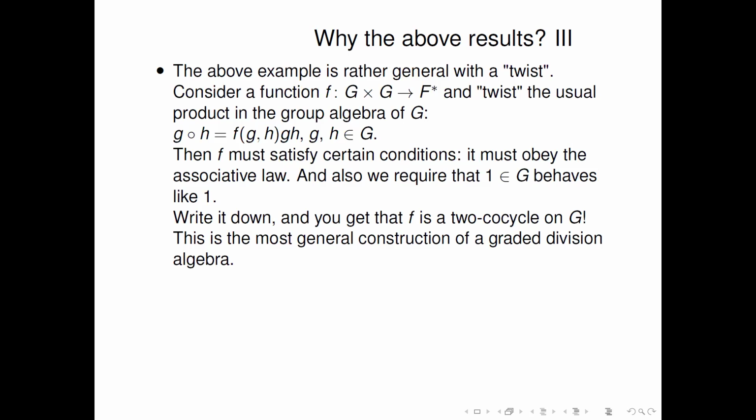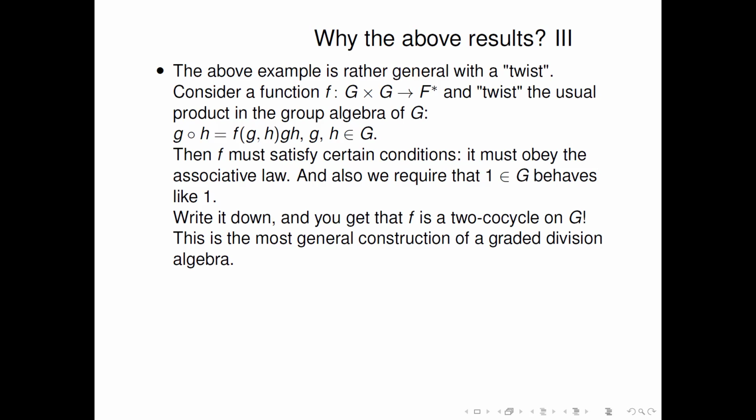In fact, you can consider the following. Take some function from the direct product of G by itself to the non-zero scalars and twist the usual product in the group algebra defined in this way. For g, h in G, the new product will be g times h as in the group, but with this twist.